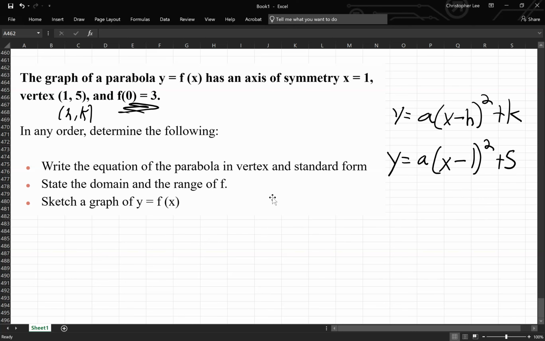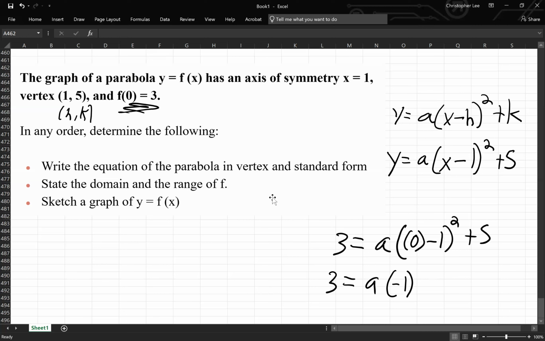Let's plug that in. So I'm going to have 3 is equal to a times 0 minus 1 squared plus 5. Let's do the math. This becomes 3 is equal to a times negative 1 squared plus 5. That's going to be positive 1, so 3 is equal to a plus 5.